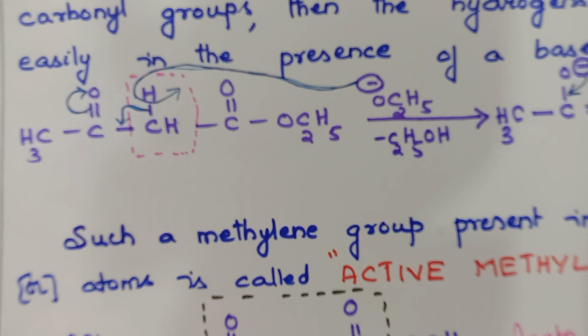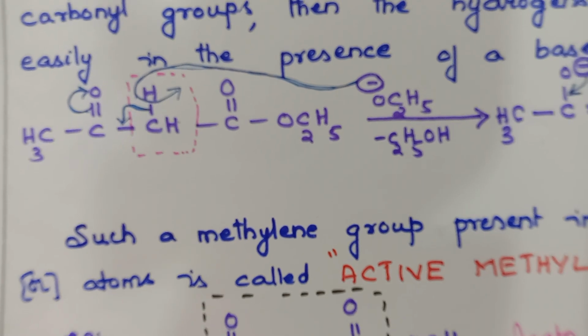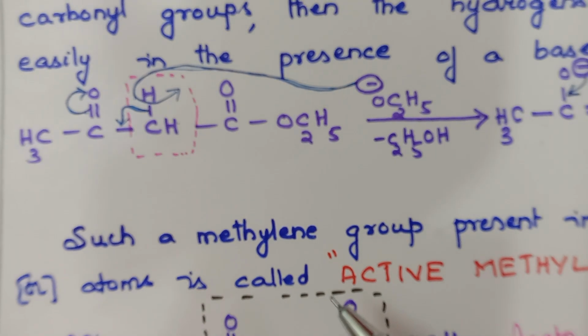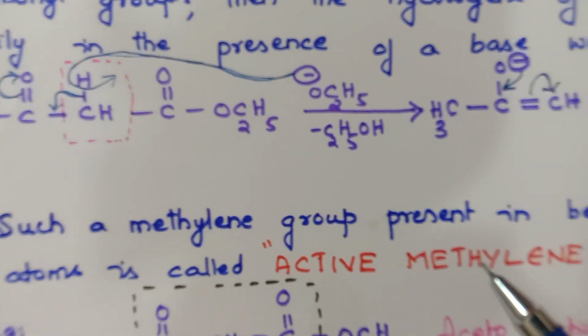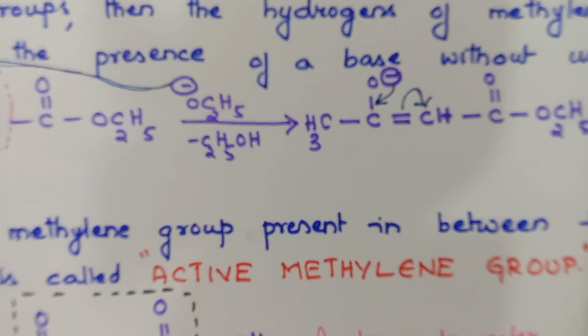So students, the methylene group which is present in between two carbonyl groups, how the carbon ion is being formed with the help of sodium methoxide, just now we have seen. And students, such a methylene group which is present in between two carbonyl groups, they are highly electronegative.